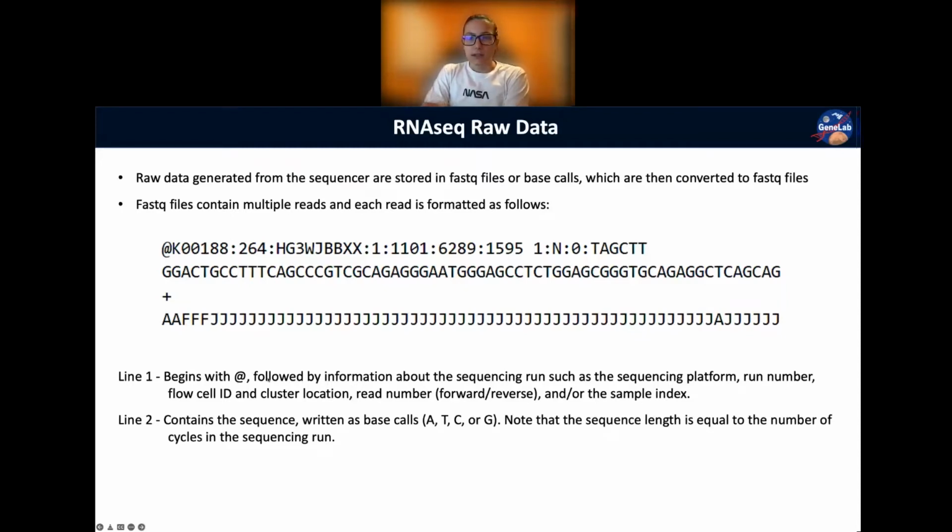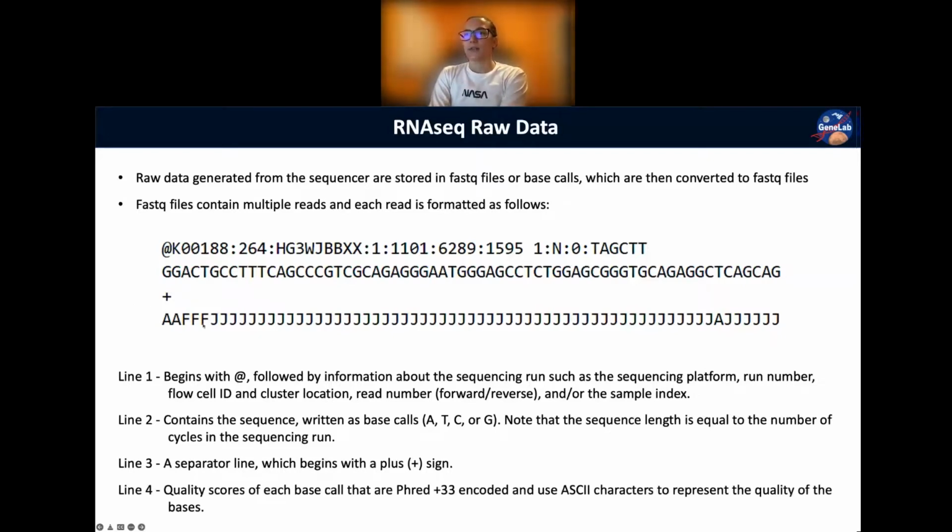Just to finish with the overview of what a read looks like, line 2 has our nucleotides in it, so that's the actual sequence. Line 3 is a spacer line. It usually starts with a plus sign, but it could also just be entirely blank.